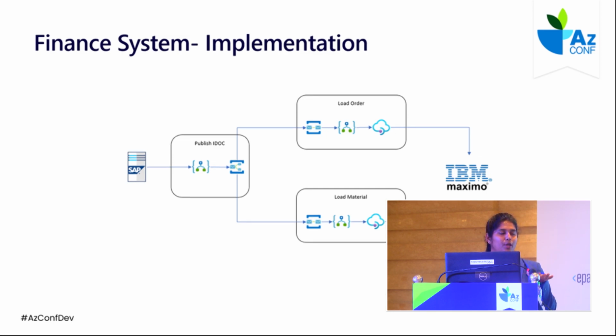Here I'm going to take advantage of Logic Apps and Service Bus queues. This logic app's purpose is to read the iDoc message from my SAP system, compile it as a message and then push it to a Service Bus queue.